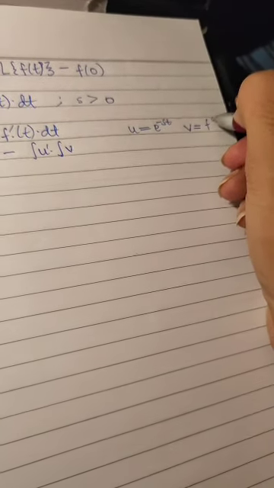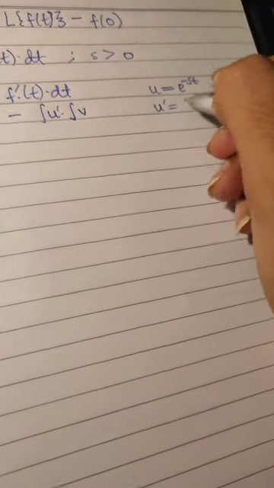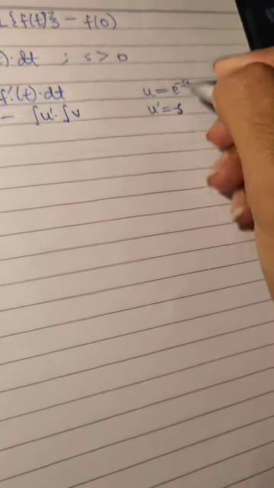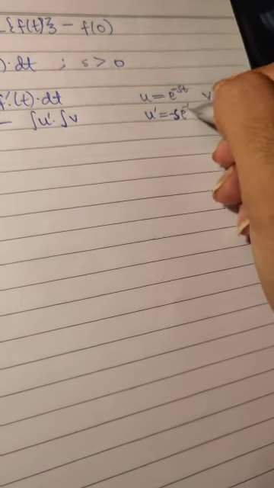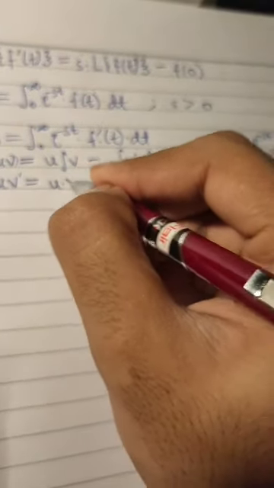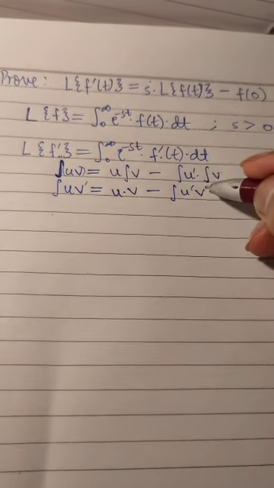Let's say u is e to the power minus st and v is f of t. So u dash will be minus s multiplied by e to the power minus st, and v dash will be f dash t. So this will be u multiplied with v minus u dash multiplied with v, because the integral of v dash will be v.